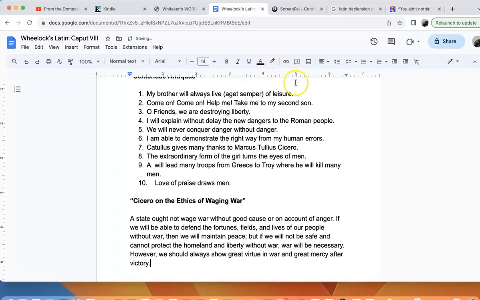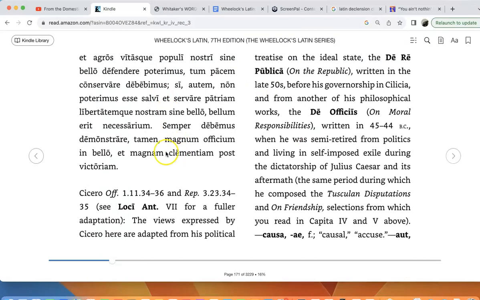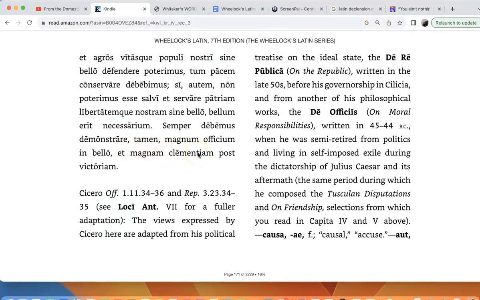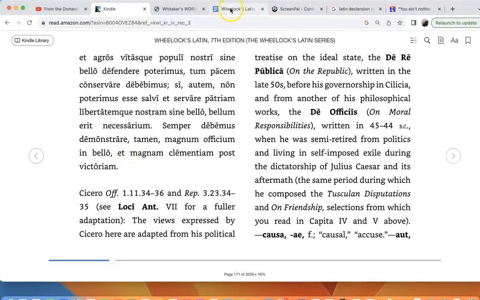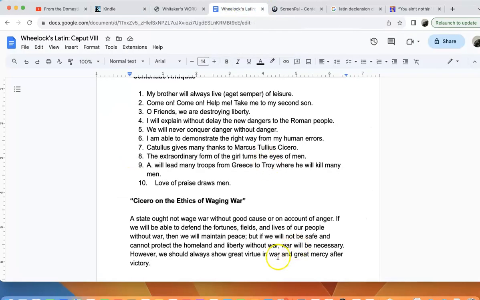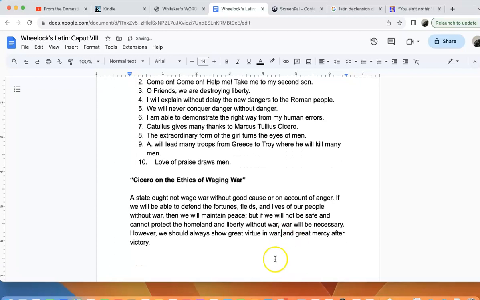If you wanted to say clemency, which is kind of maybe an old-fashioned word in the law or moral, you could do that as well. And great mercy after victory. I guess I have a comma here, so we'll put that there. All right, so that one is a little bit tricky. You might want to go back and watch this video, even though I did it in a somewhat choppy manner.